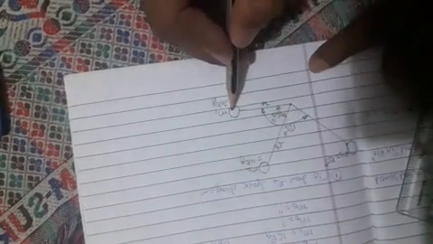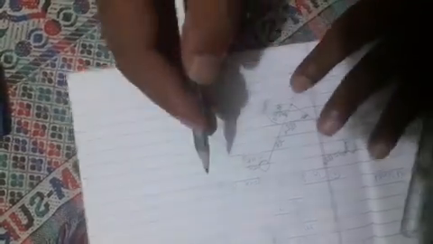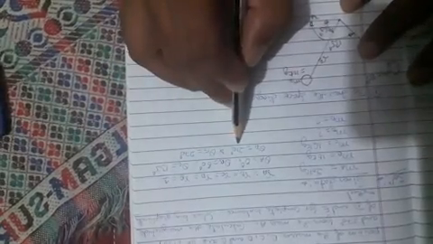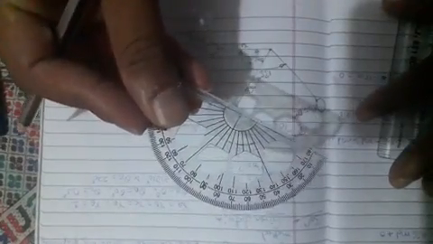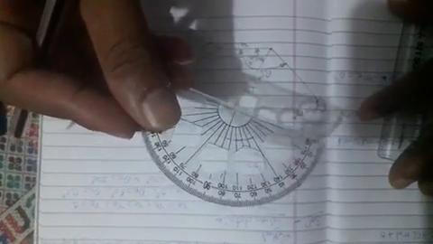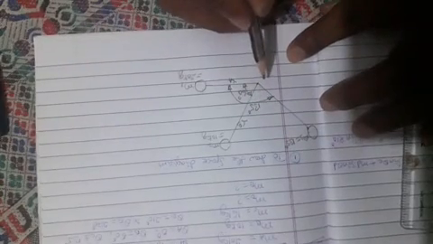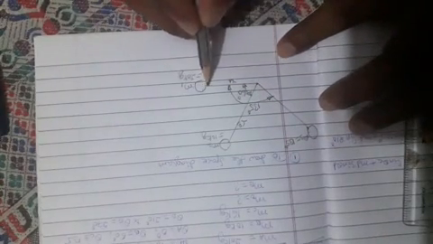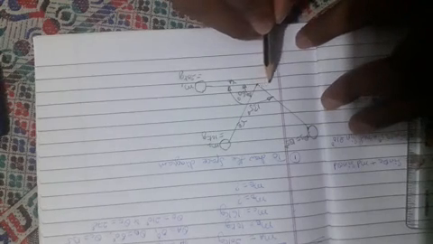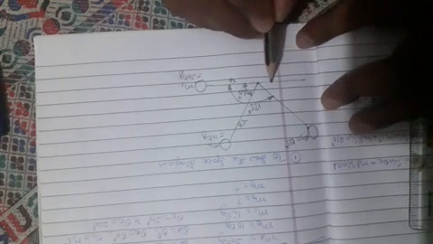Similarly, from mass M1 to M4 the angle is 210 degrees. 210 degrees is not possible to make with the help of this instrument. So as in the previous problem, extend the horizontal line to this side.